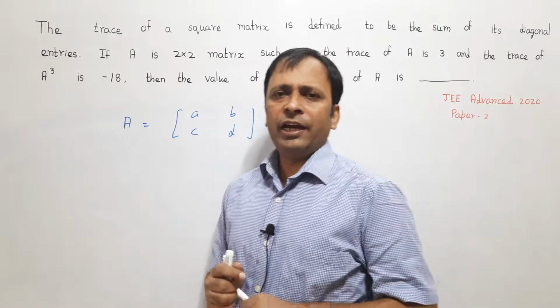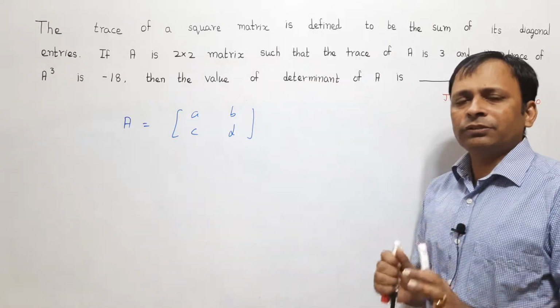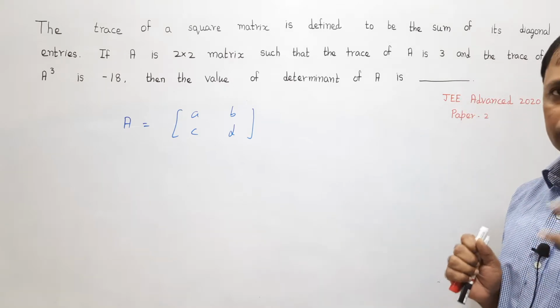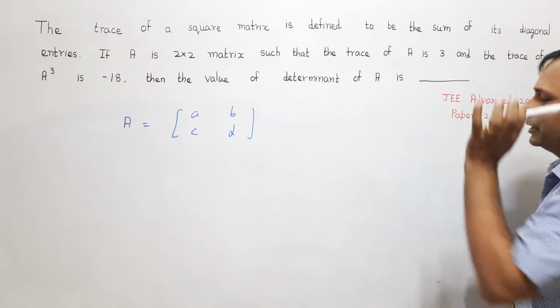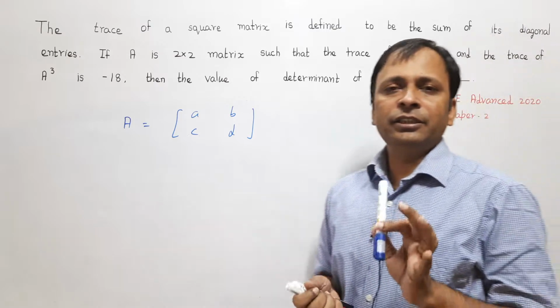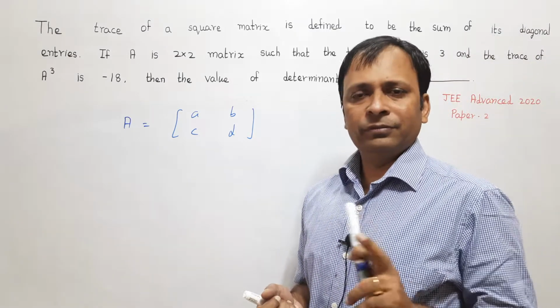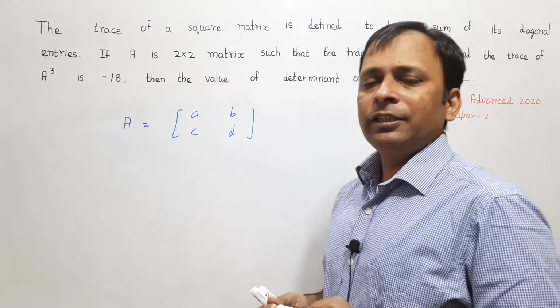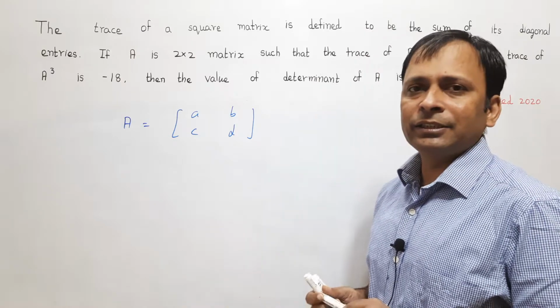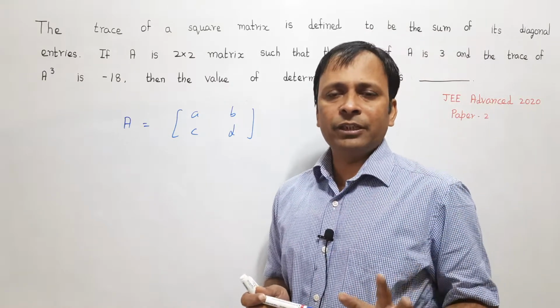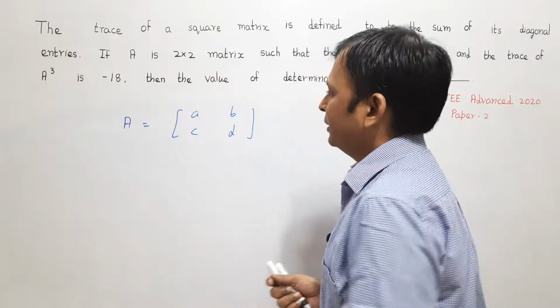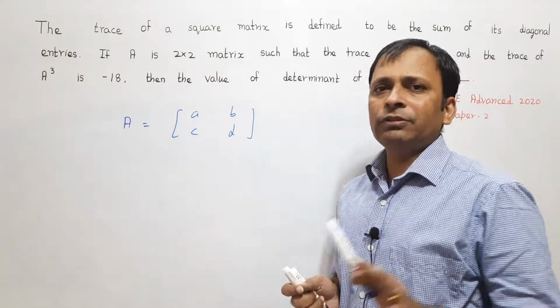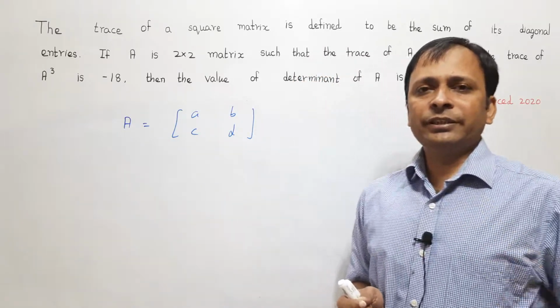Now instead of that, if I simply observe this question, first of all, it is a single digit integer type of question, one thing. Secondly, in this question he is asking us the determinant of that matrix. That means we are not concerned about the individual values of a, b, c, d.